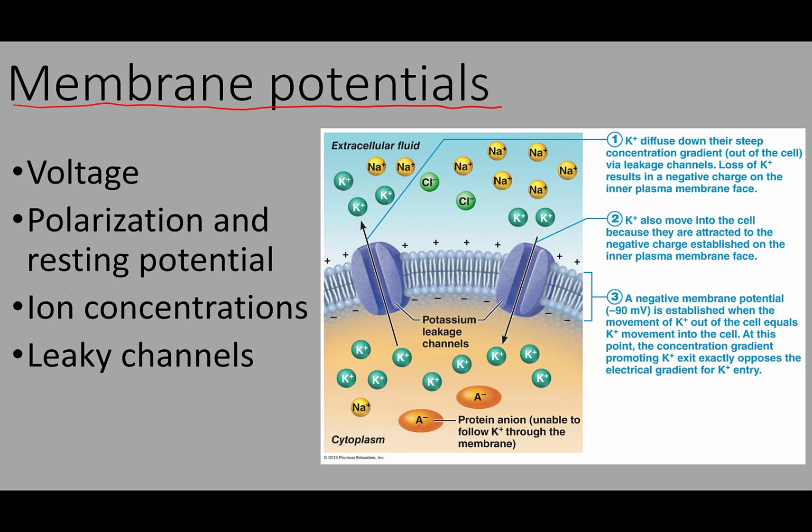It's due to the concentration of those ions. It's due to leaky channels that allow permeability to those ions. It's due to that sodium-potassium pump that we learned on the previous slide or so ago.